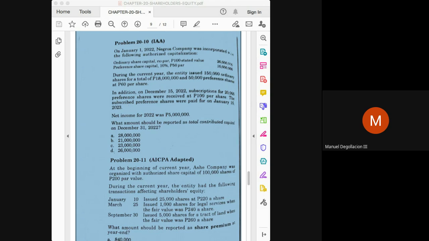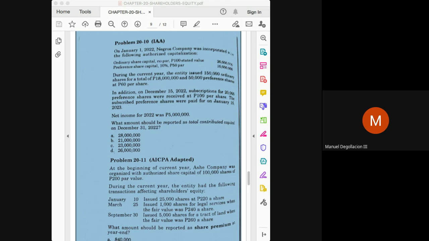Because if you have gone over the various shareholders equity accounts, basically you can split them into two: those coming from the investments of your shareholders, and those coming from the profits of the entity, those forming part of your retained earnings.